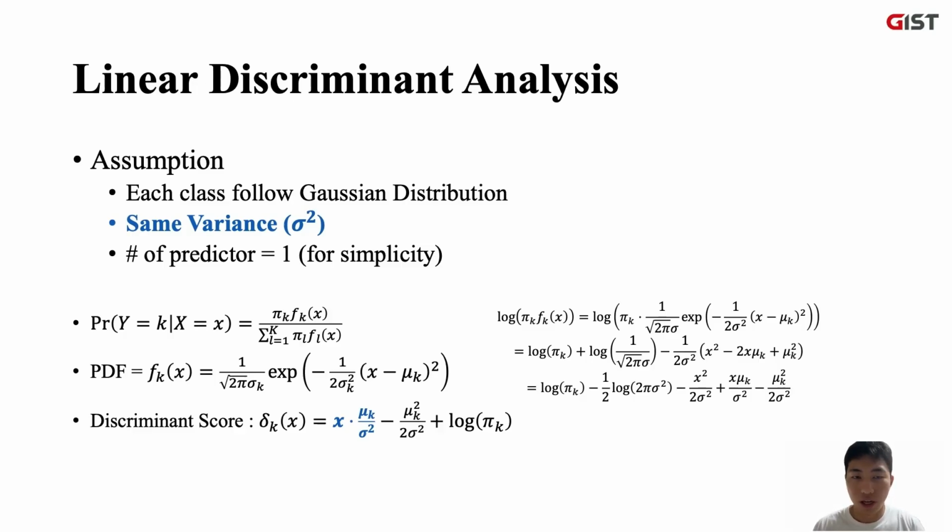I mentioned that we classify by calculating a score, and now I will explain how to derive the score. The score is obtained from the numerator of the posterior probability, which is pi_k f_k(x). Based on our assumption, the class conditional probability density f_k(x) is Gaussian, so let's substitute the Gaussian probability density function into the expression.